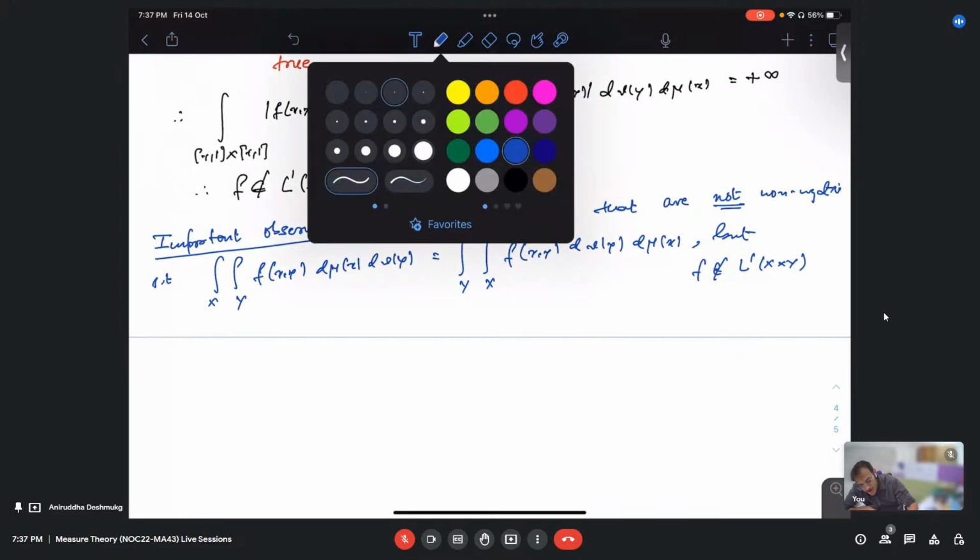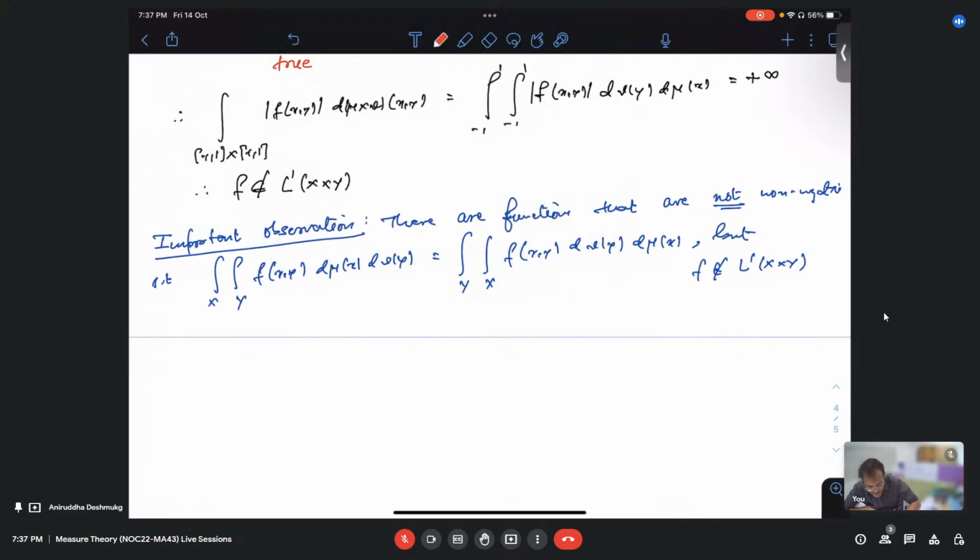So in this case, we cannot talk about the integration of f over x cross y.